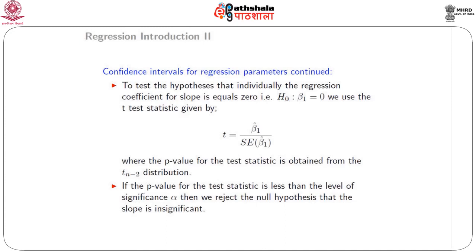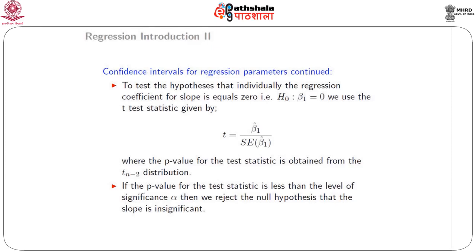So, now that we have looked at the confidence intervals for the two regression parameters, we may now move on to the testing of hypotheses for the individual regression parameters. To test the hypothesis that individually the regression coefficient for slope equals 0, that is the null hypothesis H naught such that beta 1 equals 0, we use the test statistic given by t equals beta 1 hat divided by standard error of beta 1 hat, where the p value for the test statistic is obtained from the t n minus 2 distribution.